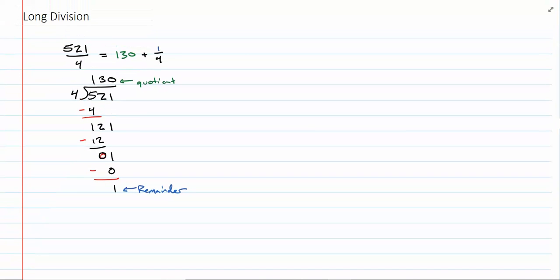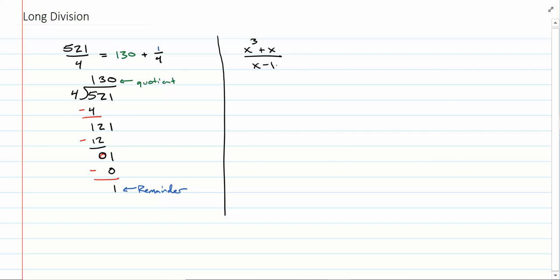All right, now that we've done it with numbers, let's try to do it with a polynomial. Let's try something like x cubed plus x divided by x minus 1. We want to figure out what that equals, and we're going to do long division to do it. We're going to write the numerator underneath the long division sign. We do have to be a little careful.